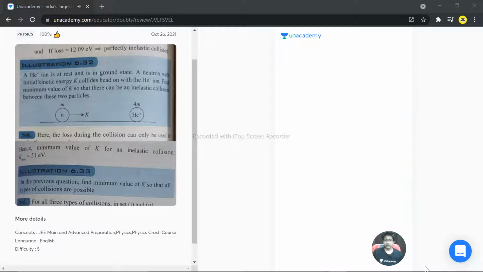So the very next step will be about the kinetic energy, because that's what is asked in the question. The initial kinetic energy is K, and the final kinetic energy will be half m into v square plus half into 4m into v square.